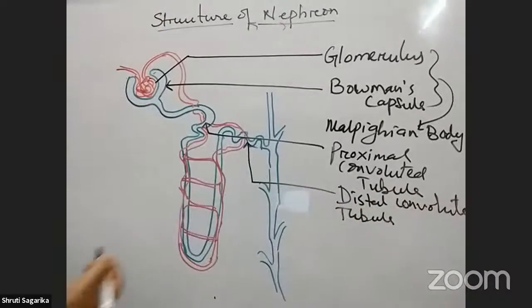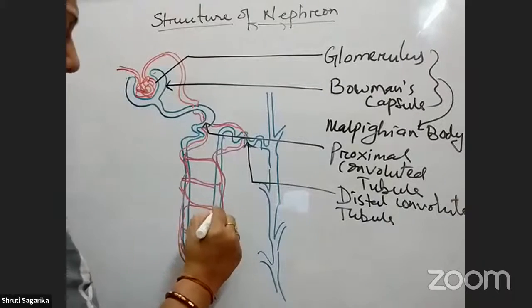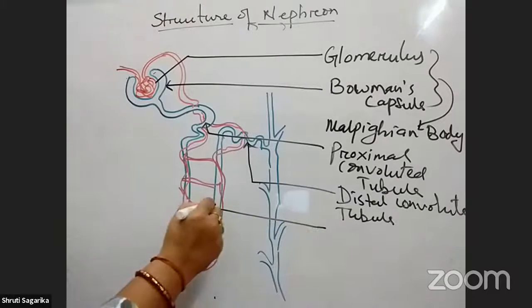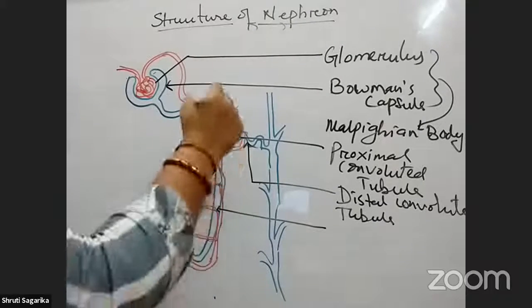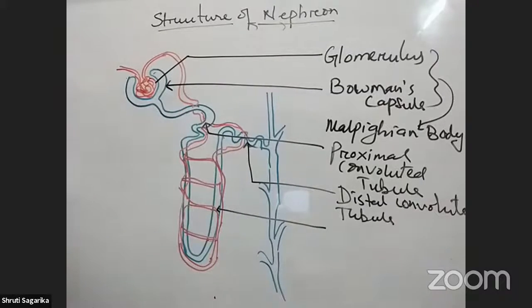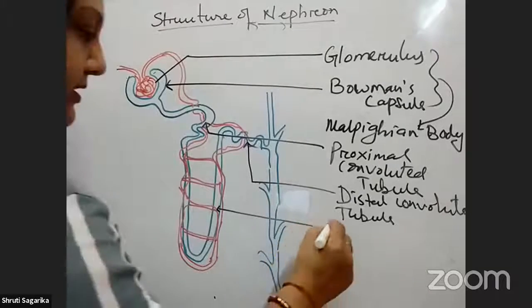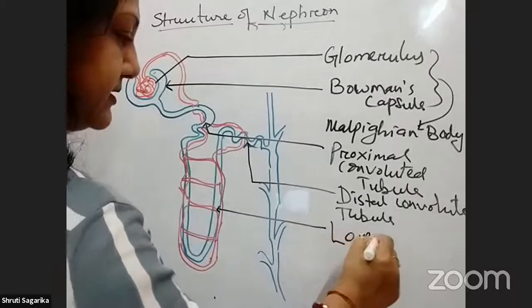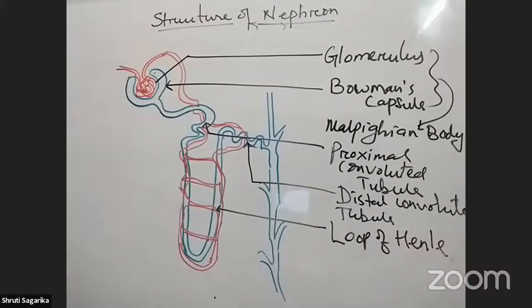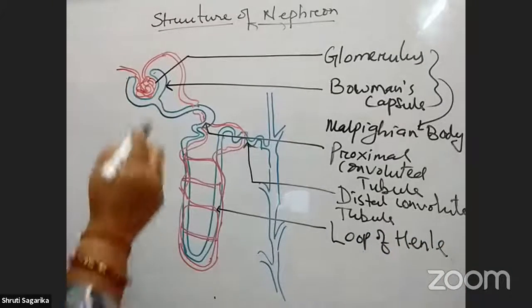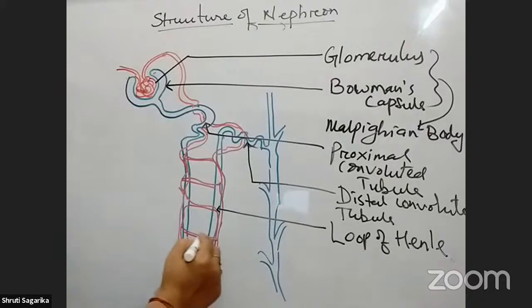Right? Okay. Now, what is this part? The U-shaped part, this blue color U-shaped tube. What is that? That is called the loop of Henle. And what is this part?